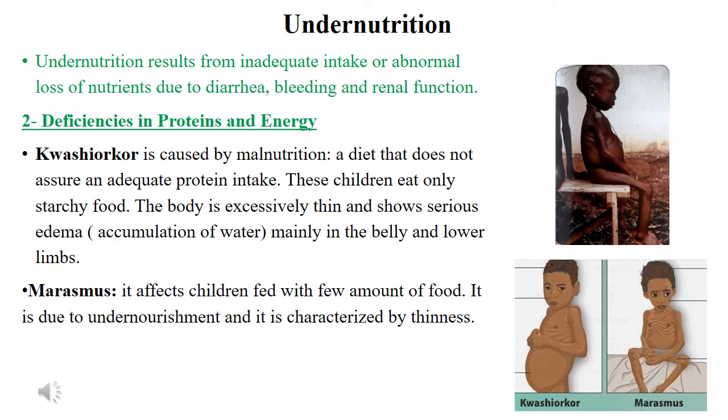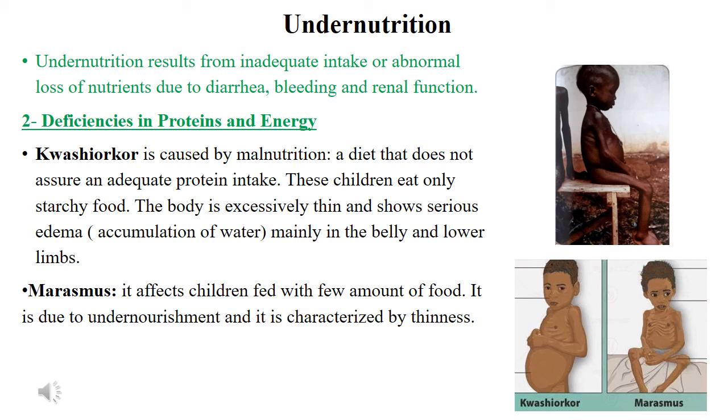What happens if your diet is deficient in proteins and energy? Two diseases might occur: kwashiorkor or marasmus. Kwashiorkor is caused by malnutrition, which is a diet that does not assure an adequate protein intake. These children eat only starchy food.